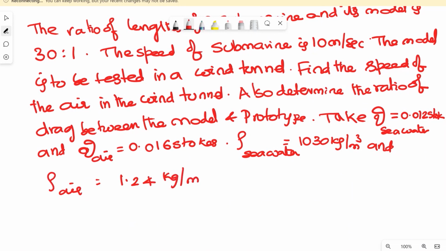kg per meter cube. So now our objective in this problem is to prepare the model of a submarine first. If you want to test the model of the submarine, then naturally what is the speed of air in the wind tunnel where the model is tested, and determine the ratio of drag. First I want to make it clear, drag means resistance force.